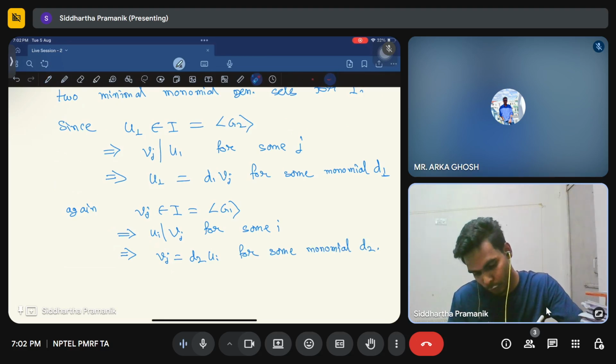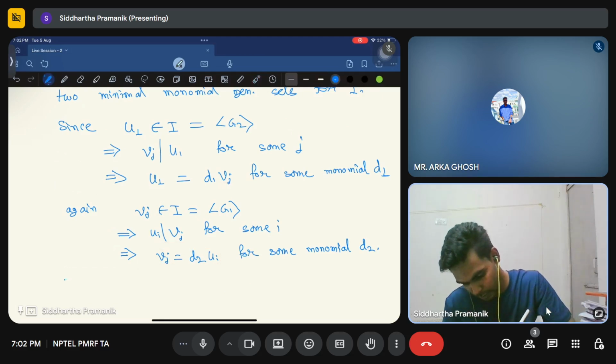Now let's put this D2 times Ui here. Then U1 equals D1 D2 times Ui.